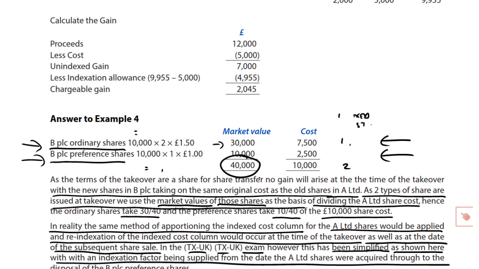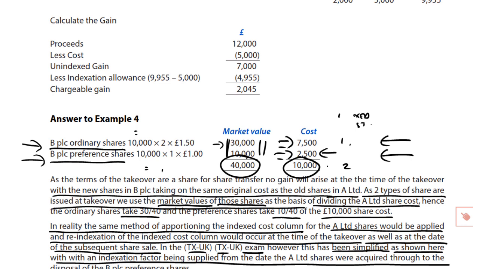Get their total market value as well as the individual market values, and use that as a basis for splitting your original share cost. Once you have those figures, should you then have, as you do here, a disposal of any of those shares in the future, here it was all of the preference shares, you know the cost.